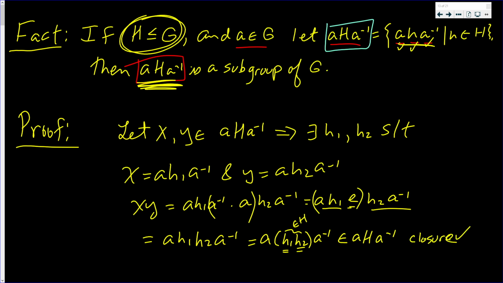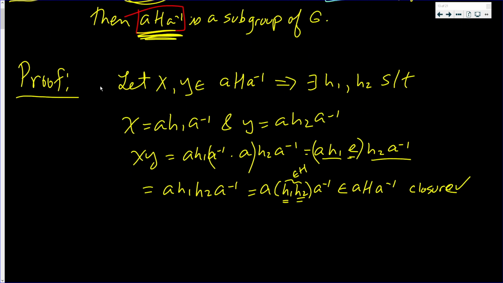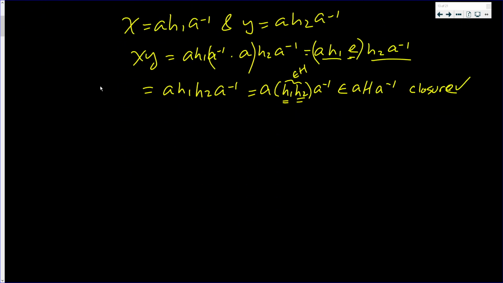So we have closure. Now we need to show inverses. If you take x and y and you claim y is x inverse, to show that, you need to get the identity element. If x times this is the identity element, then that implies that y is x inverse.